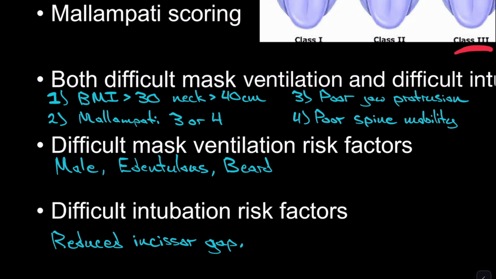And then thyromental distance less than 6 centimeters. This is the distance from the mentum of the lower mandible, so the end of the chin, to the thyroid.